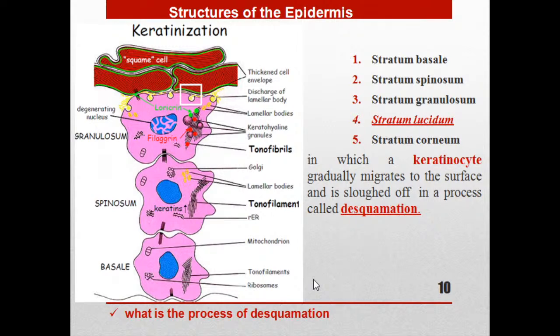Epidermis consists of 5 layers, from lower to upper. The first layer, stratum basale, stratum spinosum, stratum granulosum, stratum lucidum, stratum corneum, in which keratinocytes gradually migrate to the surface and are sloughed off or shed in a process called desquamation.